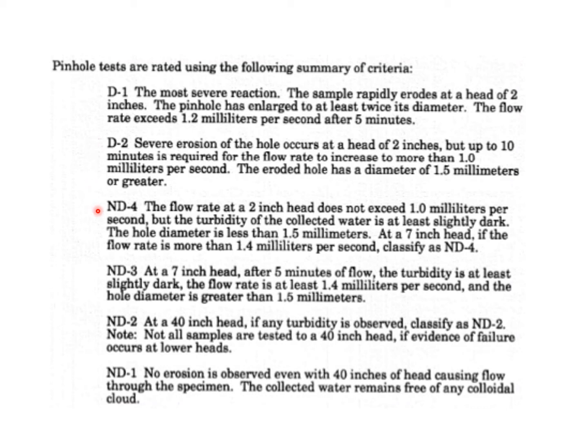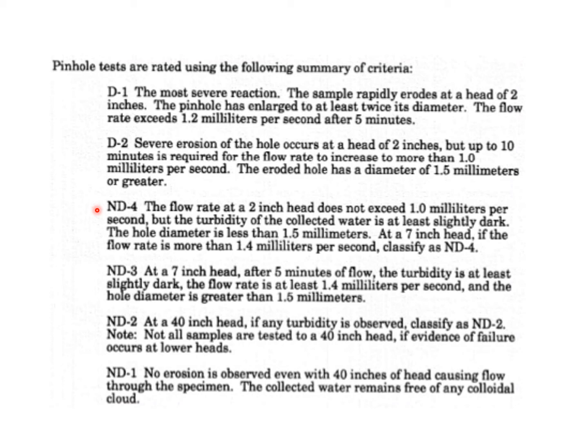And D4, the flow rate at a 2 inches head does not exceed 1 milliliter per second, but the turbidity of the collected water is at least slightly dark. The hole diameter is less than 1.5 millimeters.